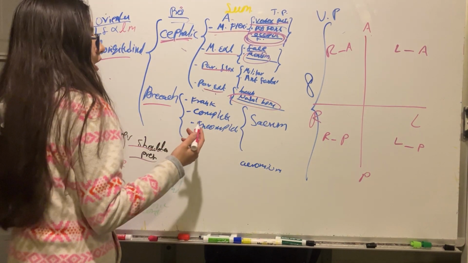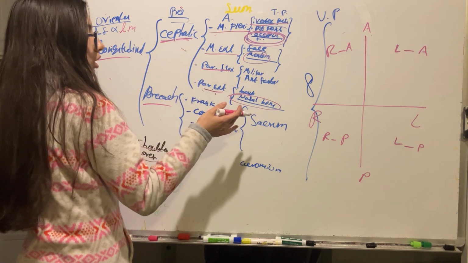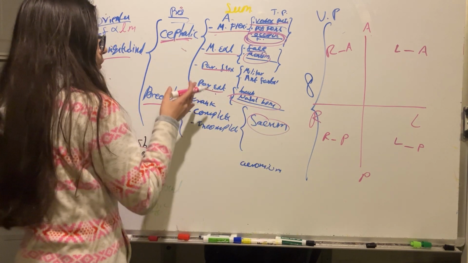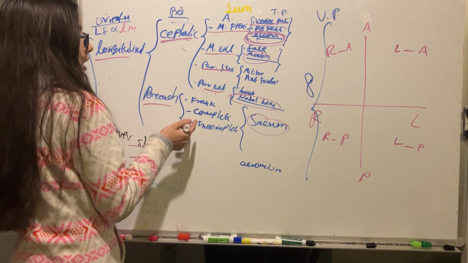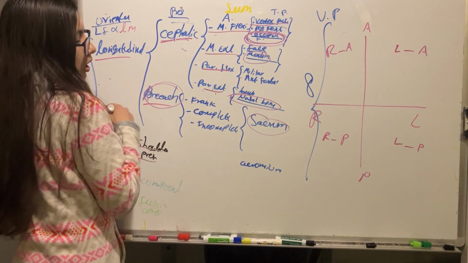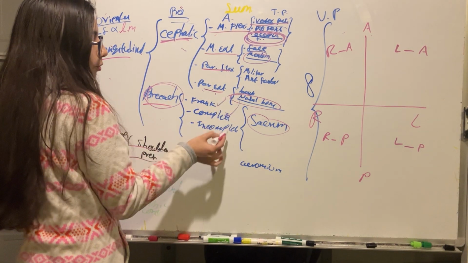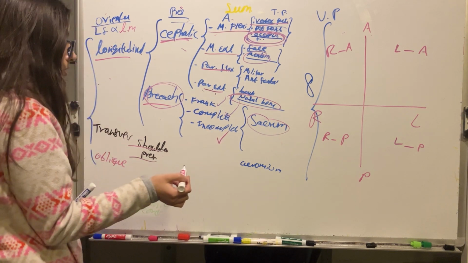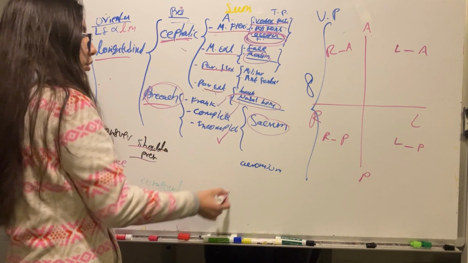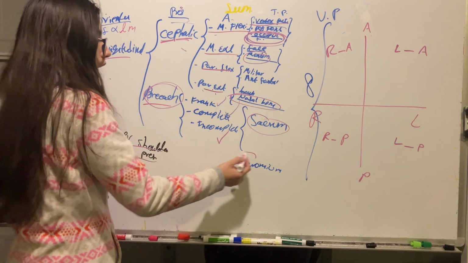The tokonomic point is the sacrum for the different presentations of the breech presentation. Frank presentation, complete presentation, or incomplete presentation. And the tokonomic point for the shoulder is the acromion.